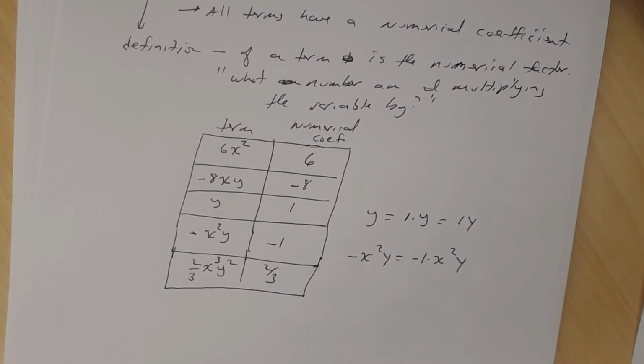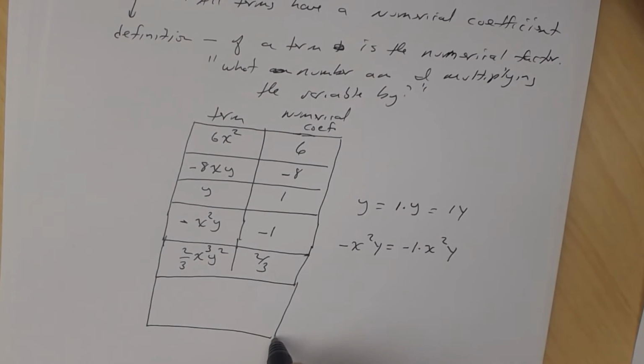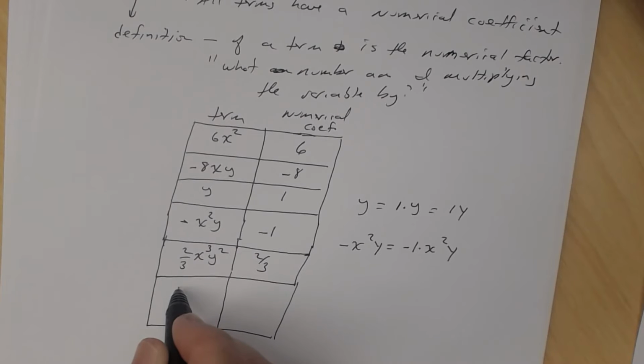All right, now what if you had, let's say, x divided by 2? Now you've got to be a little bit careful with this. You've got to think about how you can write x divided by 2.